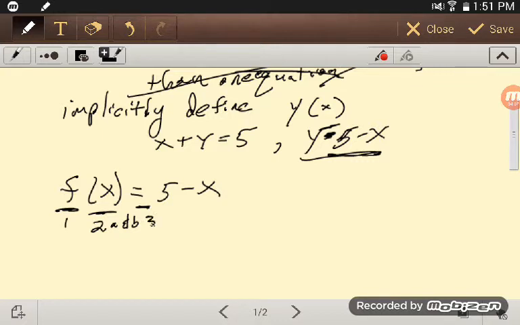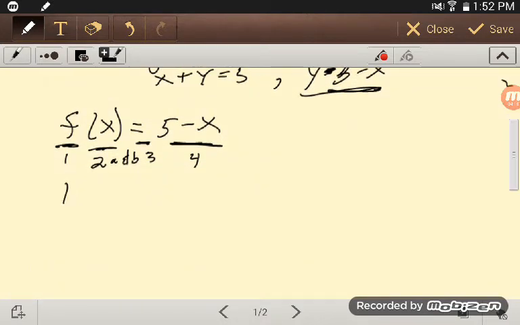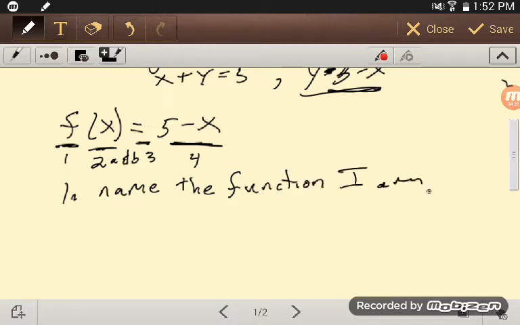This part is number 3, and this part is 4. So what's going on here? Well, 1, I name the function I am defining. So that's what I do first.